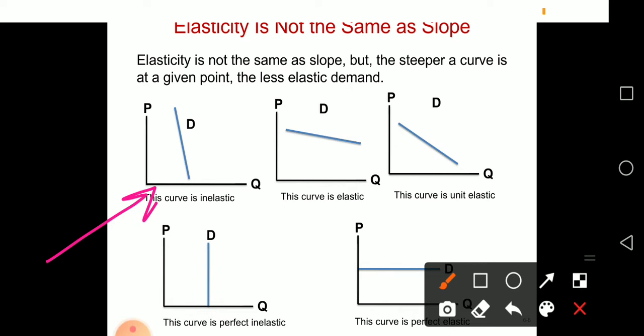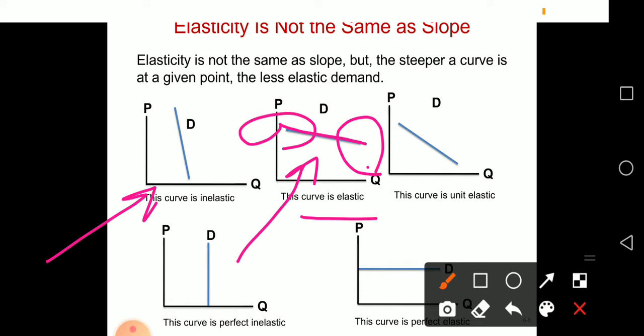The curve here, what do you think? Yes, this curve is elastic, can you see this one? If the price changes, the quantity will change. So this curve is elastic. What about this curve? This curve is unit elastic. Unit elastic means what?